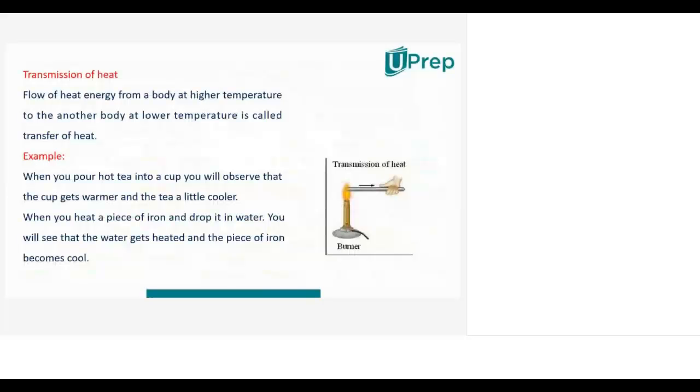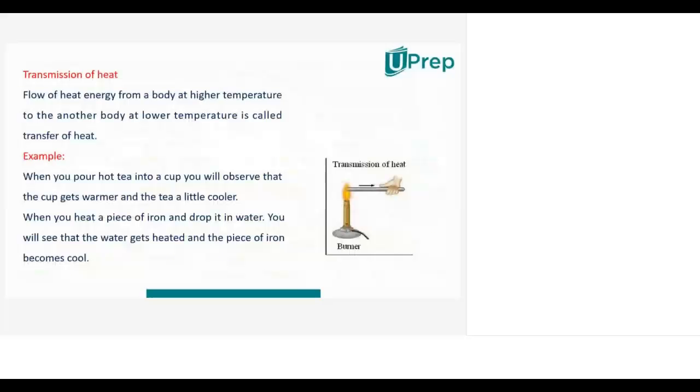Equal means same only, no? Sir, I'm asking about both the words together, thermal equilibrium, what is it called? So let me say, thermal equilibrium means having the same temperature.